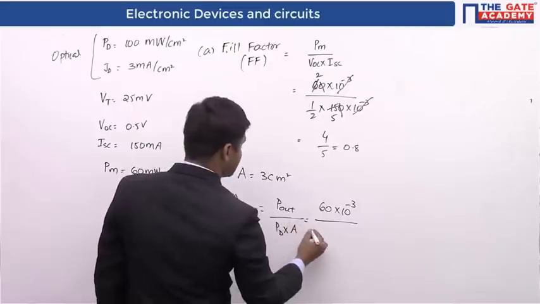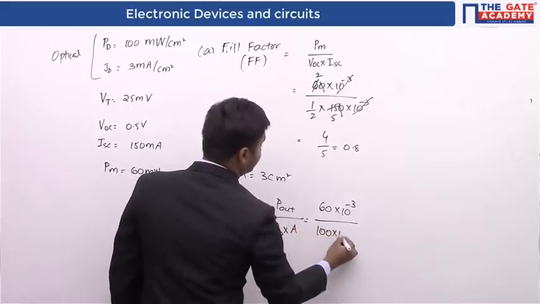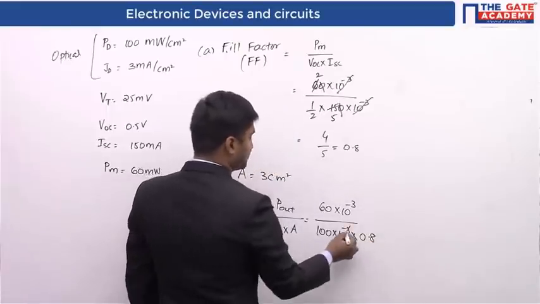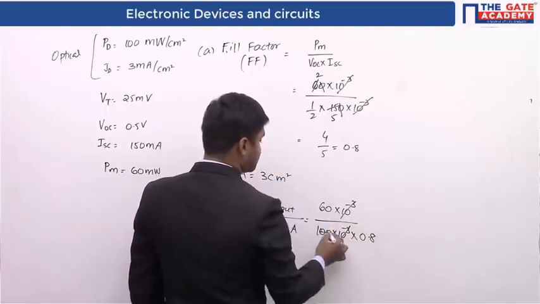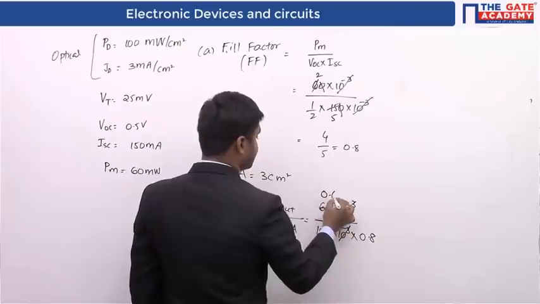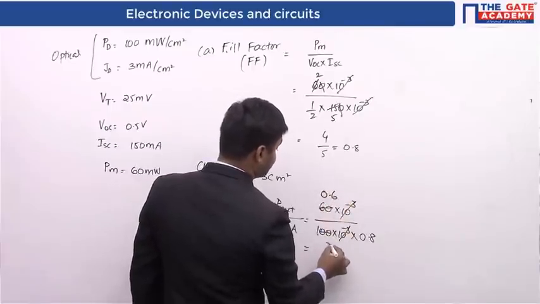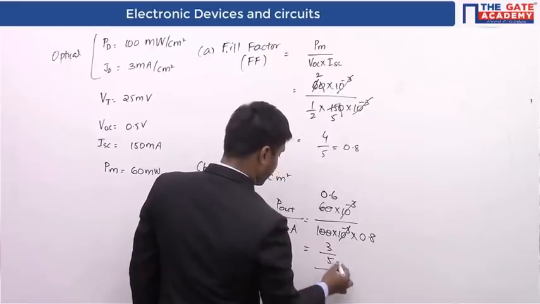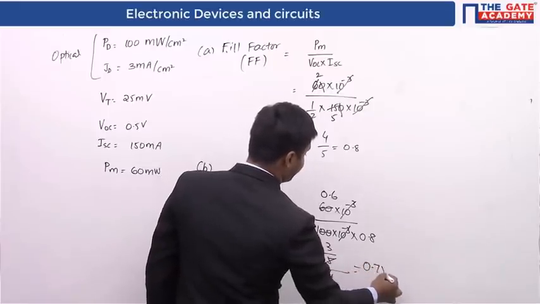The power density at the input is 100 into 10 power minus 3 multiplied by 3. So 10 power minus 3 gets cancelled out. So this is going to be 0.6 times, which is nothing but 3 by 5, and here you're going to have 4 by 5, which is going to be 0.75.